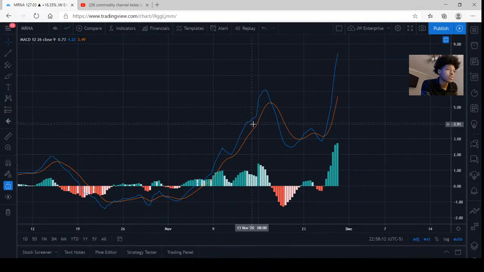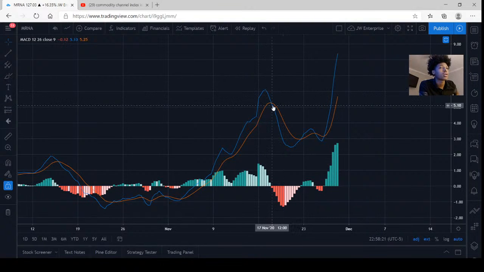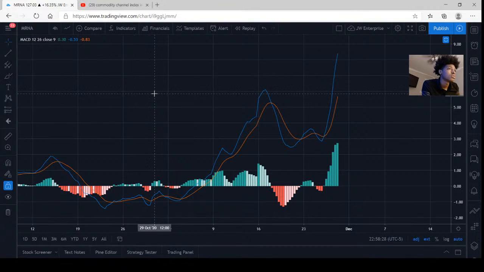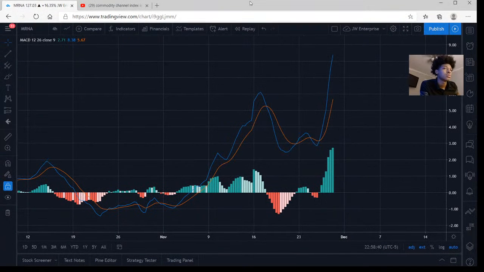And these two lines right here are just my moving averages. So you have a 9-day moving average, and then a 12-day moving average.